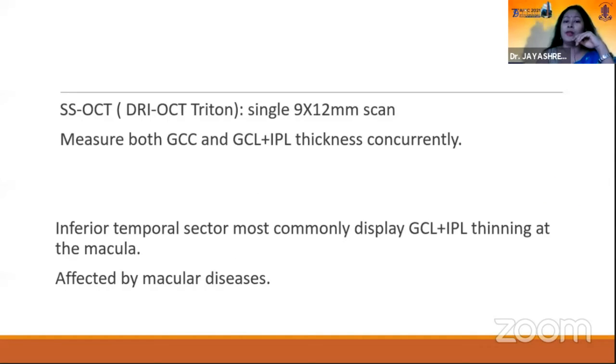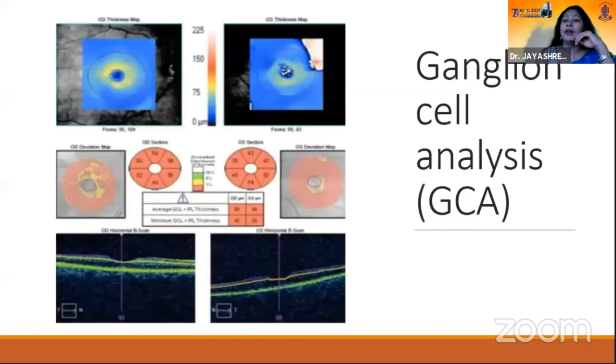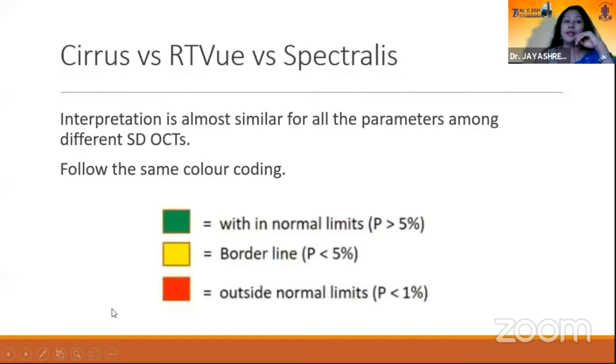Now, the inferior temporal sector most commonly displays the changes. The ganglion cell analysis is important because apart from the optic nerve head, it's very important to look at the ganglion cells. Again, you have the thickness maps, the deviation maps, and the OCT scans. So the interpretation is almost the same for all parameters amongst the different devices that we use. Color coding is basically the same.